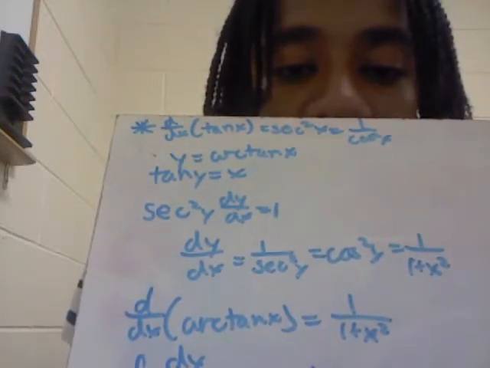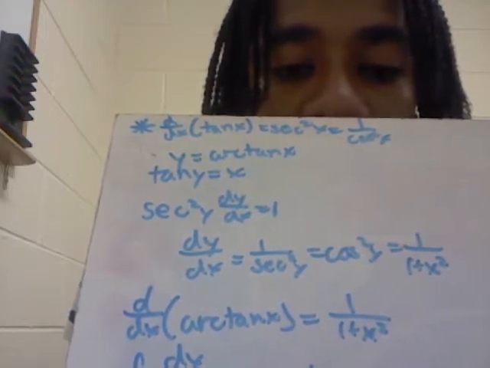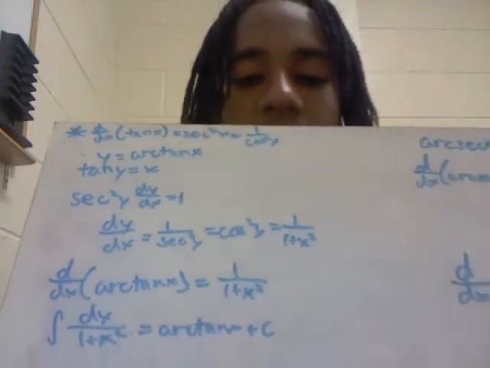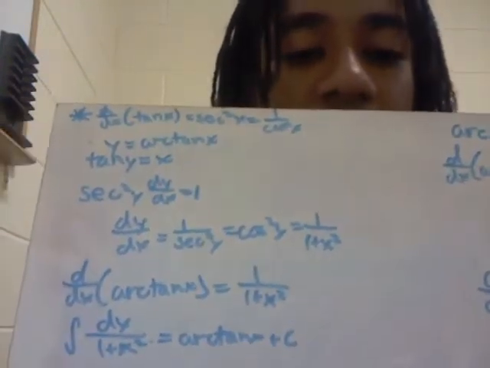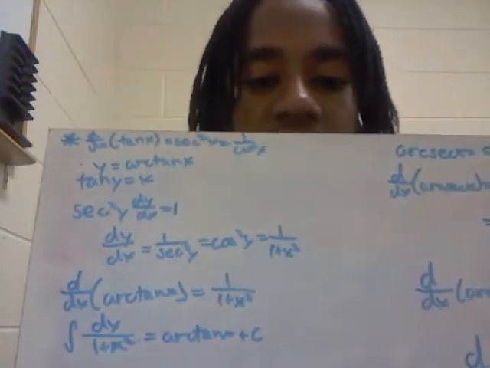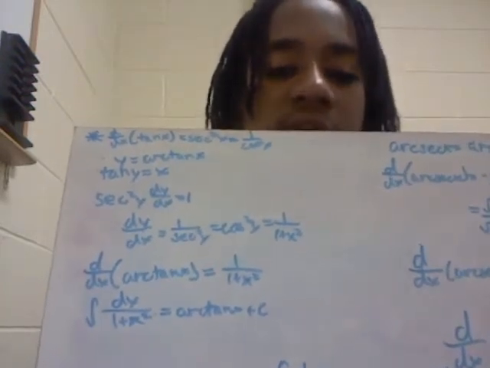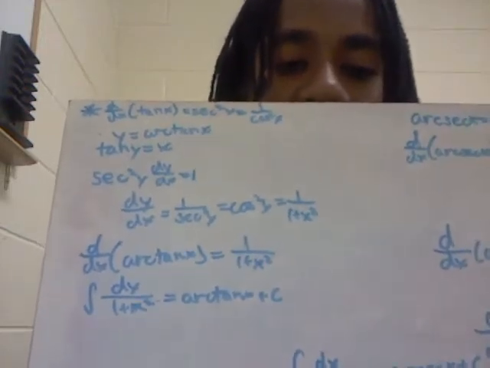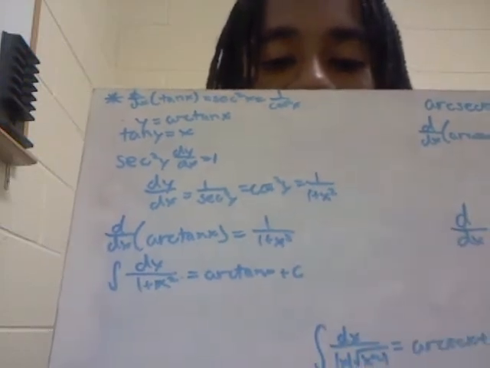Substitute in the 1 over cosine squared y for the secant squared y, and you'll get cosine squared y, which equals out to 1 over 1 plus x squared. Now that you know that the derivative of the arctangent x equals 1 over 1 plus x squared, you also know that the antiderivative of dx over 1 plus x squared will give you arctangent x plus c.